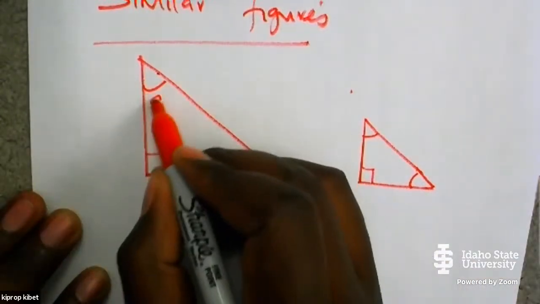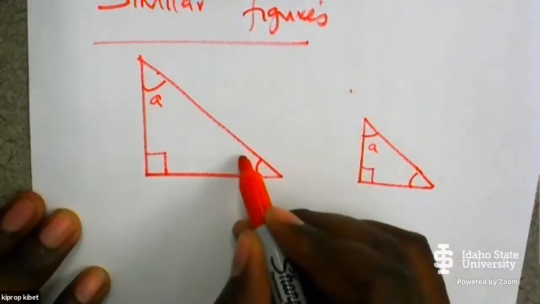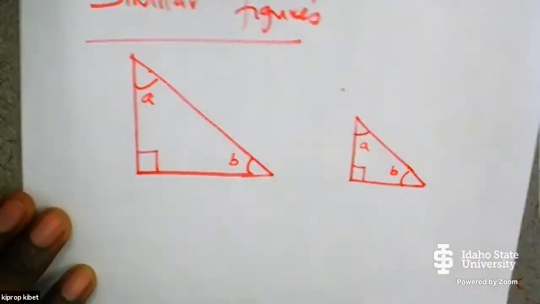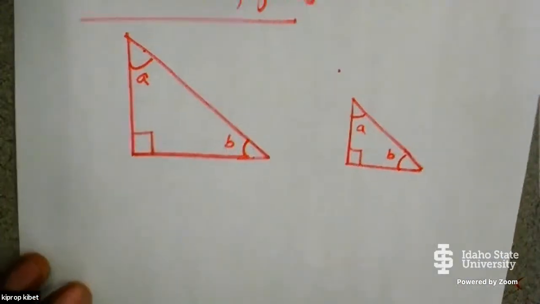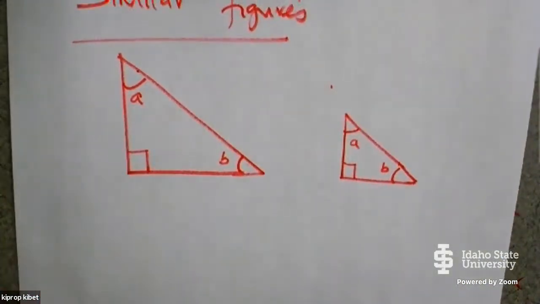So if this is A, it should be A. If this is B, it should be B. So for similar figures, they should have the same angles.